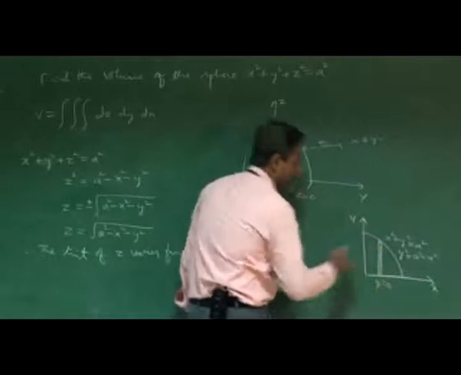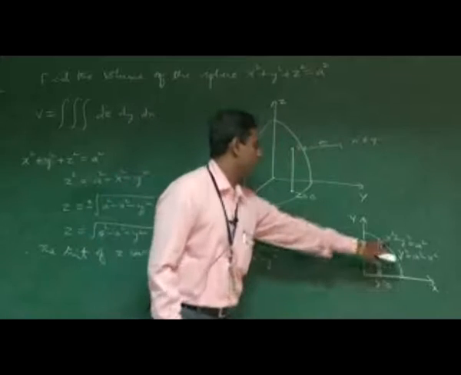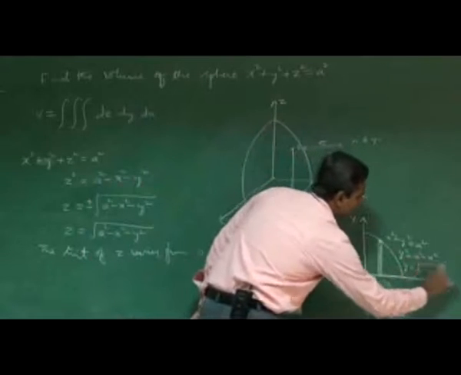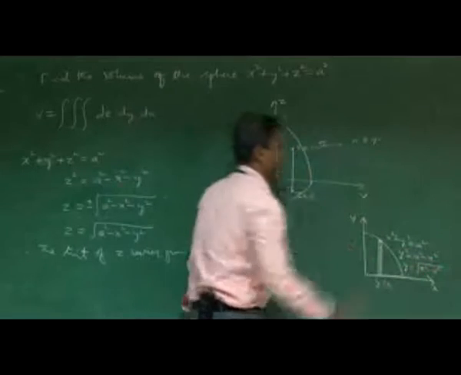So the lower limit of y is 0, and the upper limit of y is, from y squared equals a squared minus x squared, y equals square root of a squared minus x squared.